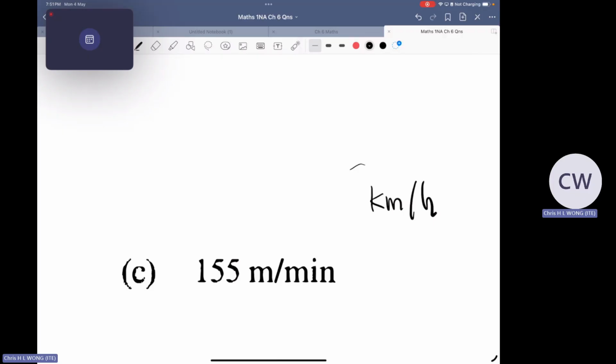Do you have 9.3 kilometer per hour? I think this is correct. You should have this. If you don't have this, please recalculate.